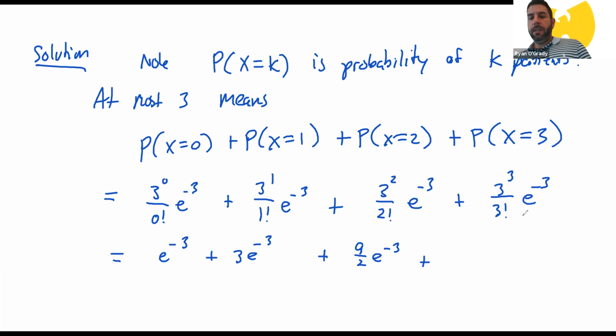So what you end up getting is 9/2 e to the negative 3. Now we have to double check that, but it seems to be correct.